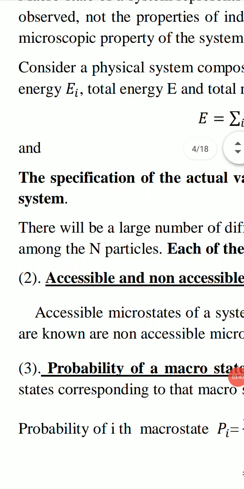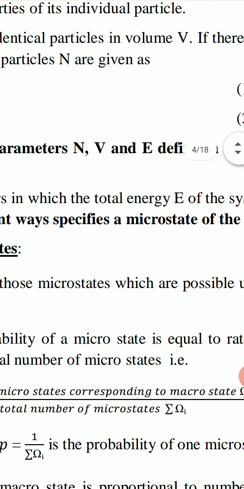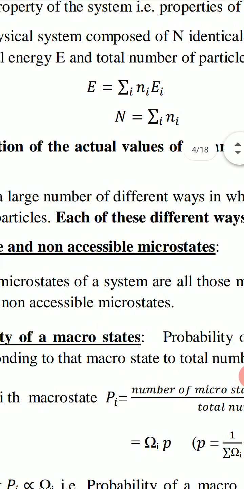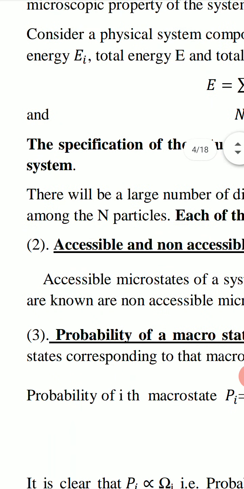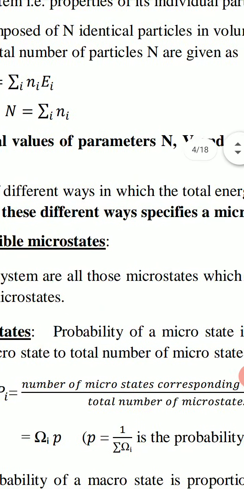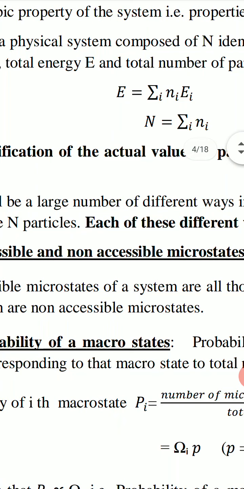Now consider a physical system composed of N identical particles in volume V. If there are Ni particles having energy Ei, total energy E and total number of particles N are given as: total energy E is given by summation NiEi and total number of particles capital N is given as summation Ni.